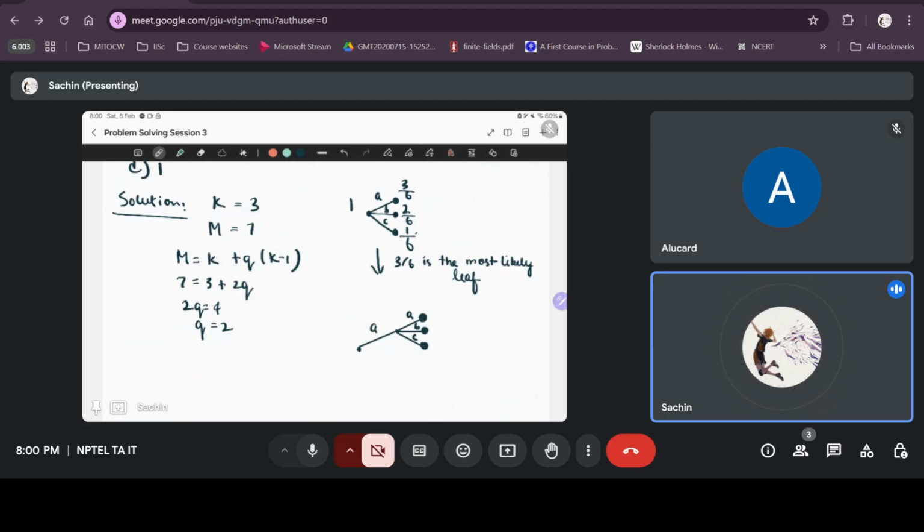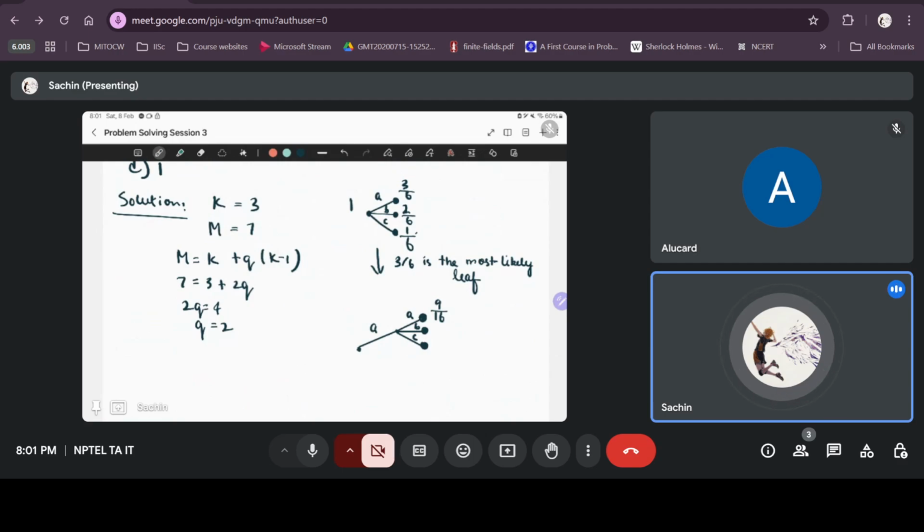So it's P of A into P of A, which is 3 by 6 into 3 by 6, 9 over 36. What is the probability of getting the message AB? It is the probability of getting A followed by the probability of getting B, and this is because this is a discrete memoryless source. If there was memory, it would be different.